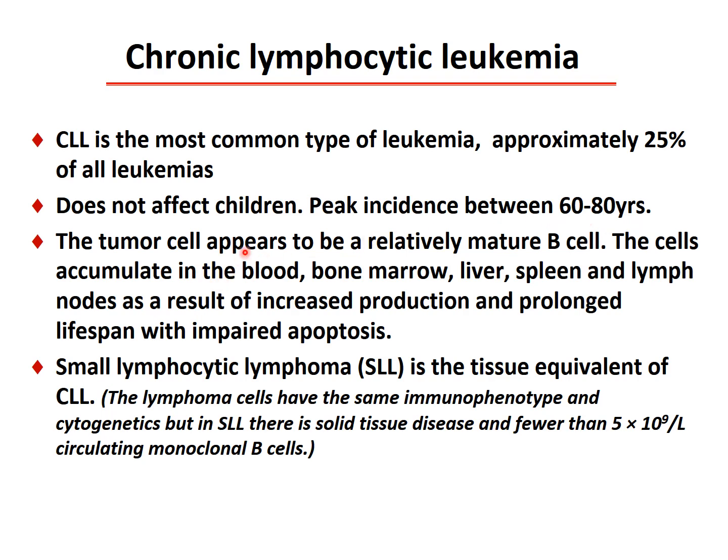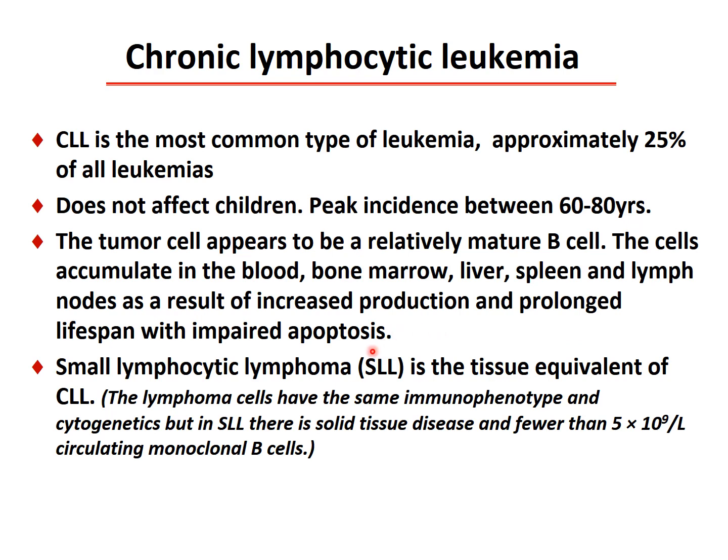The tumor cells appear to be relatively mature B cells. The cells accumulate in the blood or in the marrow, liver, spleen, and the lymphatic nodes. This is the result of increased production or a prolonged lifespan with impaired apoptosis, which is very, very important.